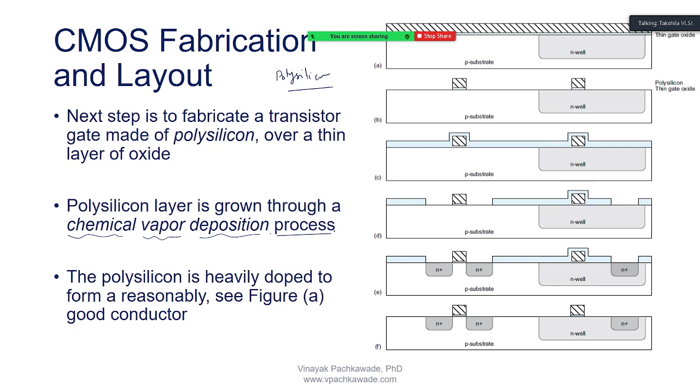That place is called a clean room, or a foundry. There are different machines to perform each of the IC fabrication steps, and one of them is chemical vapor deposition. It is a chemical process where, through vapor deposition, this polysilicon layer is grown over the wafer. And this polysilicon, as I said, is heavily doped.